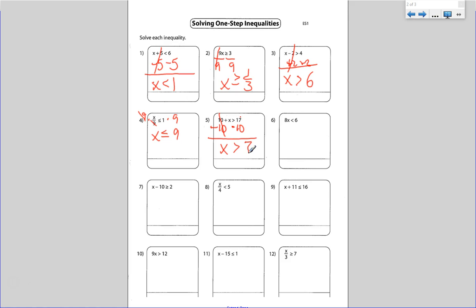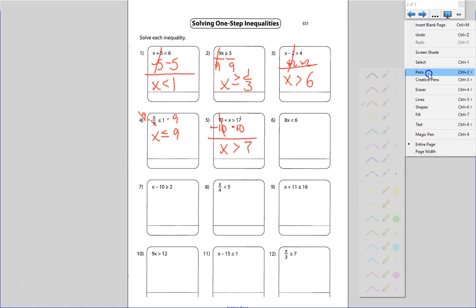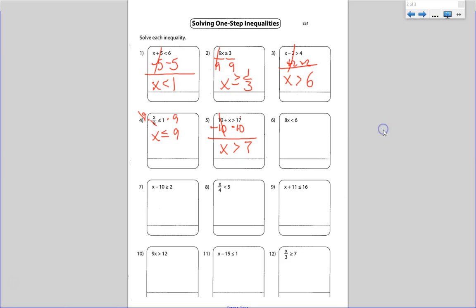Again, I want to encourage you all, especially since this is new material, to plug these back in. 10 plus 17 says is greater than 17. And so that says x is greater than 7. So the thing is, that didn't work, right? When you plug that in, that's because this says greater than, so you've got to pick a number that's greater than 7.